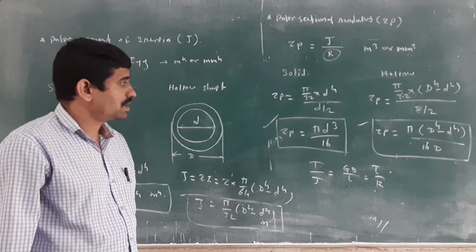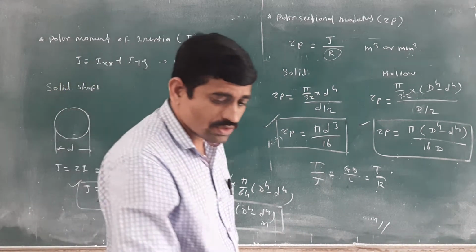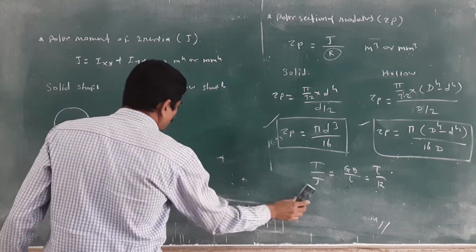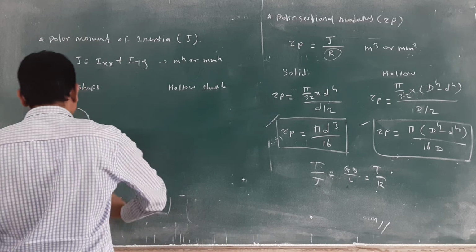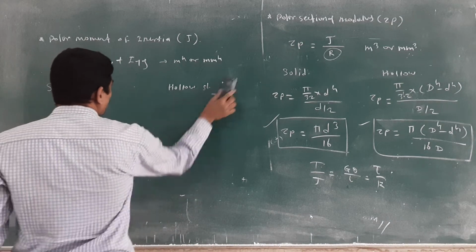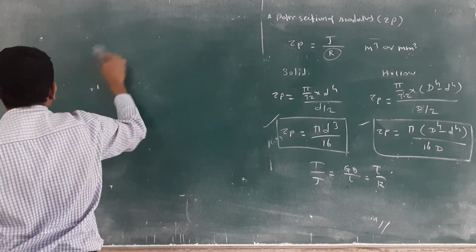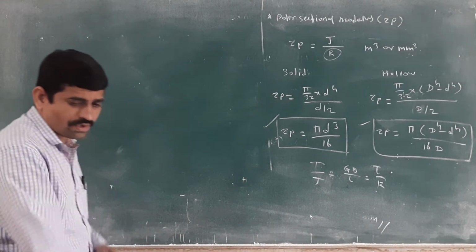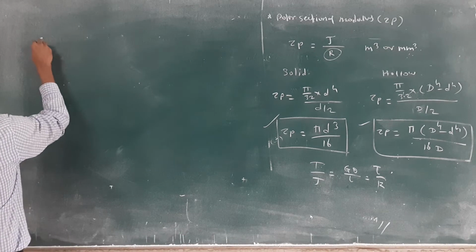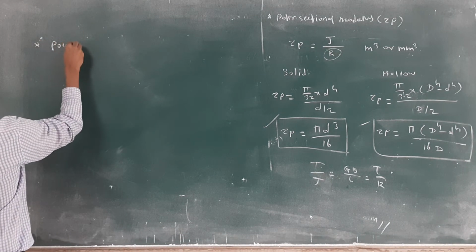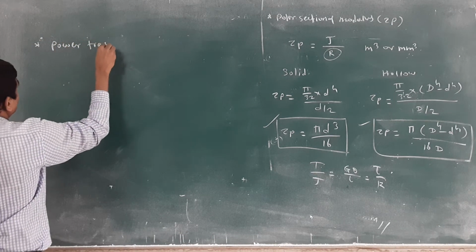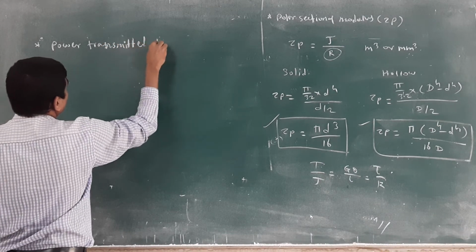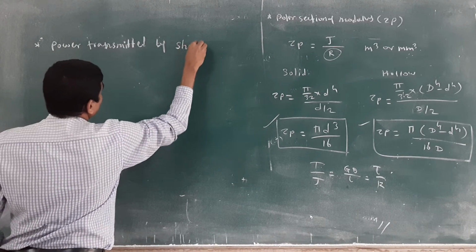There are some numericals given. You know how to calculate the power. Yes, next we want to calculate the power of a shaft. Okay, power transmitted by shaft. Then how to calculate the power of the shaft?